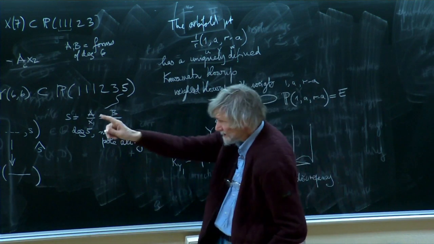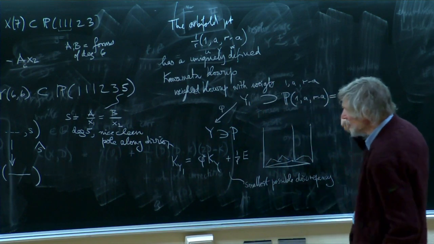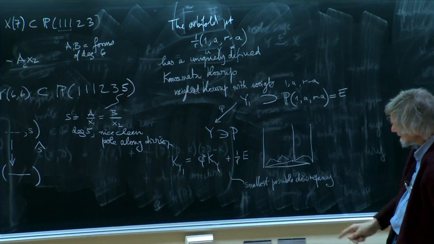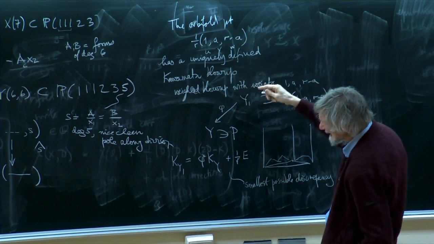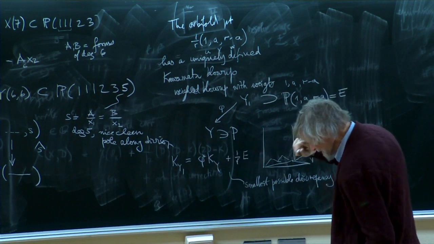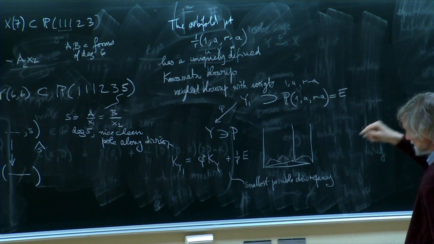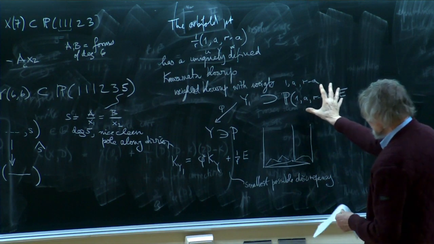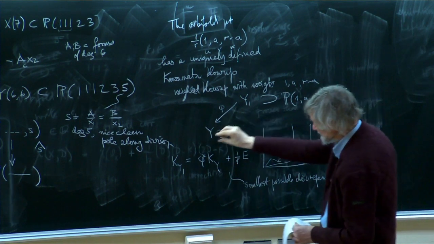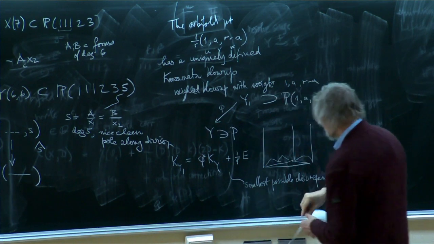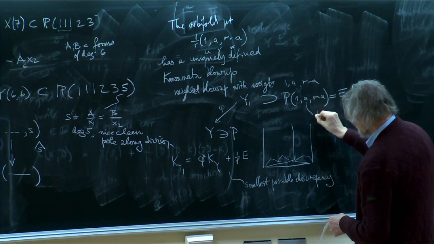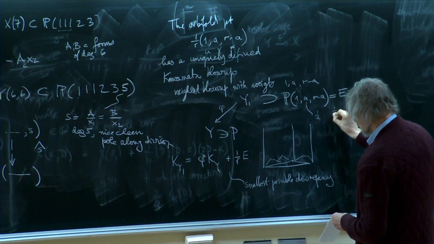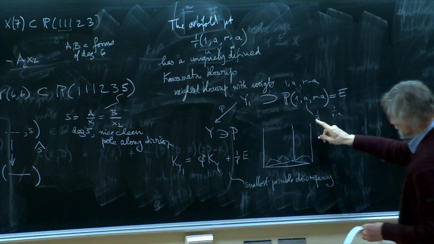When I was talking about the Mori program, I had this notion of extremal contraction. So this is contracting an extremal ray, and this one happens to be divisorial. This takes the surface E and contracts it down to this point. The Y1 still has a 1 over a and a 1 over r minus a orbifold point.